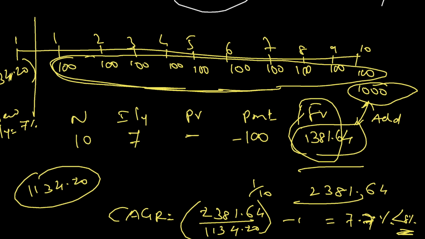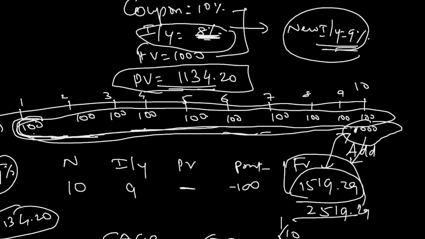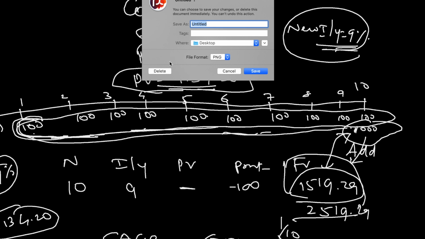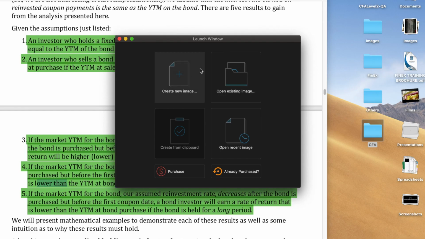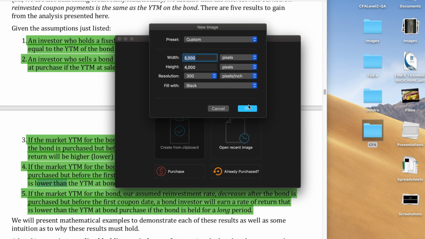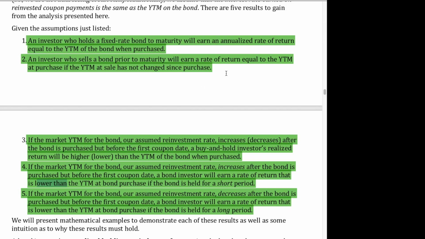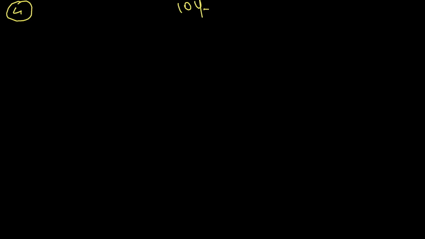So fourth point. Now again I'm taking a 10-year bond, coupon is equal to 10 percentage.